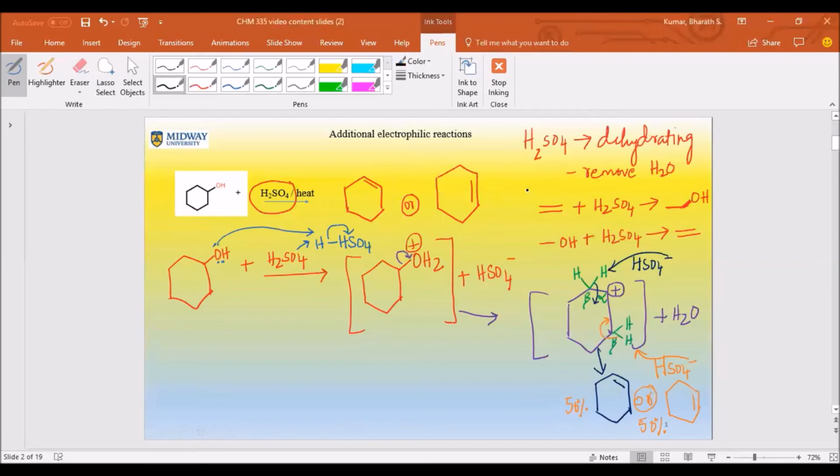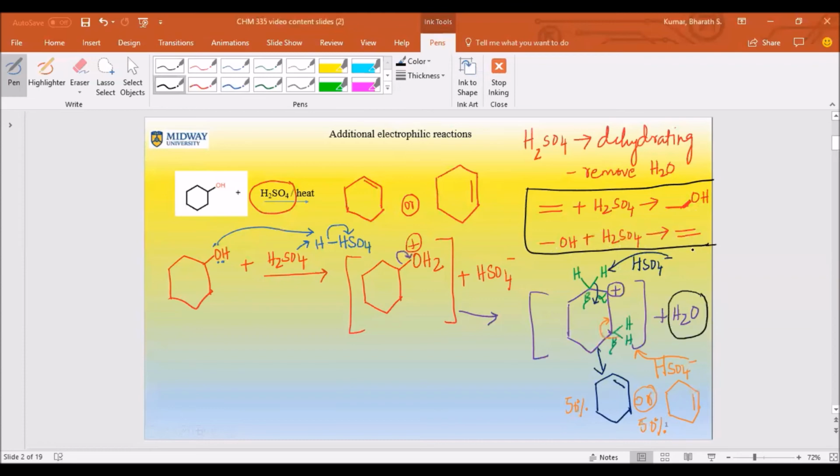In the previous case, we looked at the double bond with sulfuric acid, and you see there was no heat. So whenever you have a double bond and sulfuric acid, you add an OH. Now if you have an OH and H2SO4, that's called dehydration, and you're going to get rid of water. You see, you have gotten rid of water here in the process.